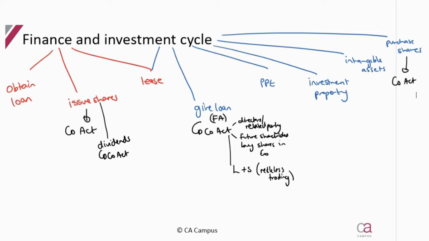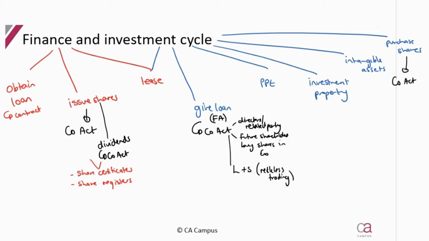If we think back to the cycles, let's just think of the documents that would be applicable here for each of these. So if there's a loan, there would be a contract for that loan. Issuing of shares, there would be share certificates. There would be share registers.